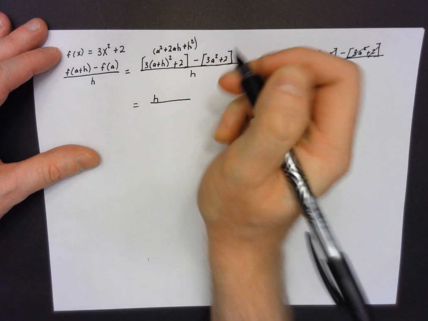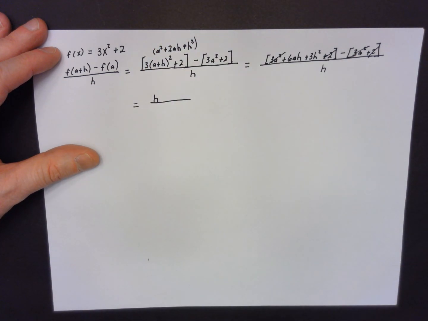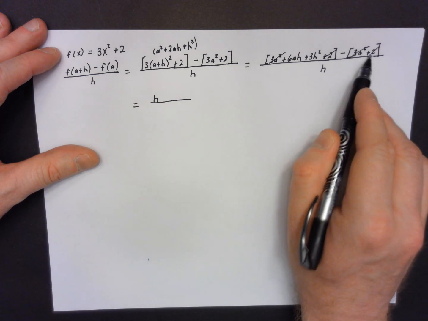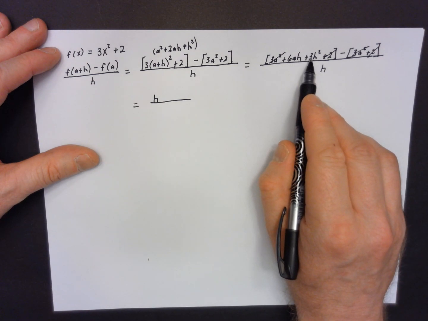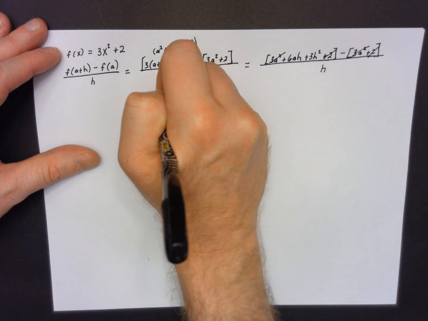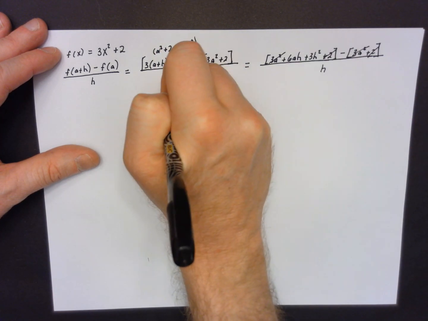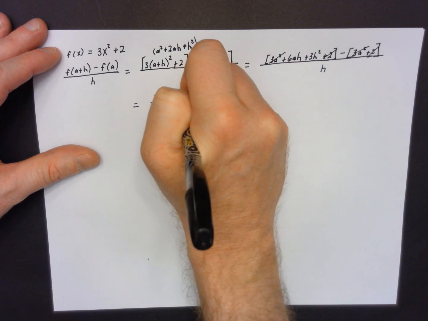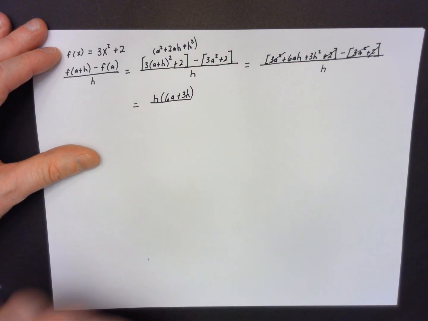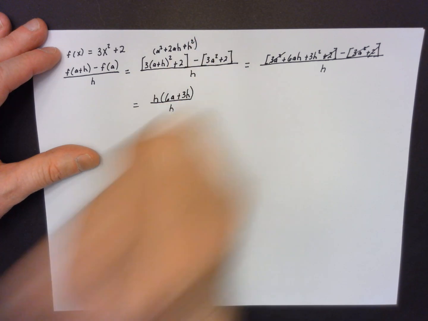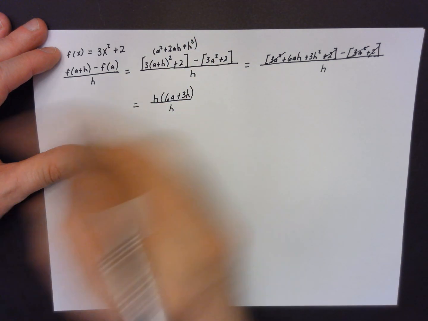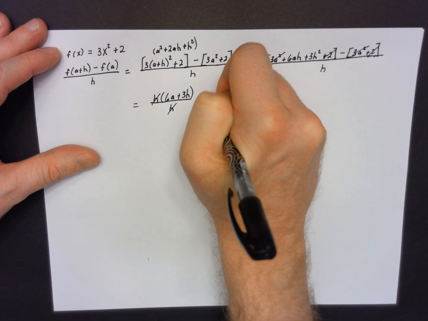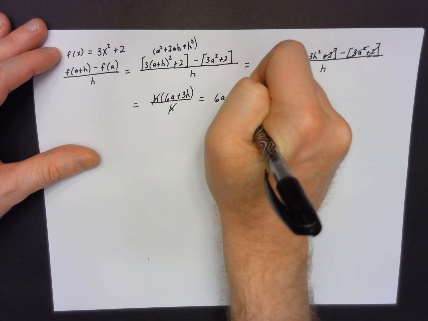Before I even look at it, I'll say factor an h out of whatever's left in your numerator. And you can see, yeah, we can do that. The only two terms that didn't cancel are the 6ah and the 3h squared. If I factor out an h, I'll be left with 6a plus 3h. And then that's going to be divided by h. Here, the h's cancel. And my final answer here is just 6a plus 3h.